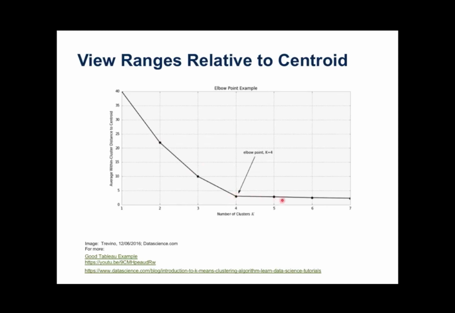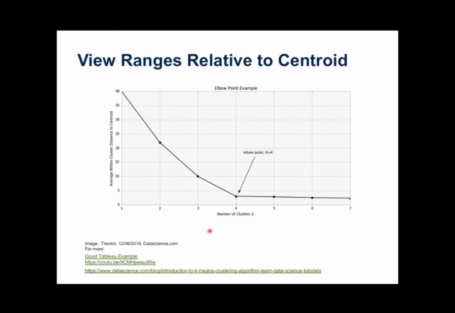After some point, adding another cluster is not really helping me understand the cluster any better. And the points are just so close to the cluster center that I must be defining a very, very small segment of the customers. And so perhaps this is sufficient for me to have just a 4 cluster solution.